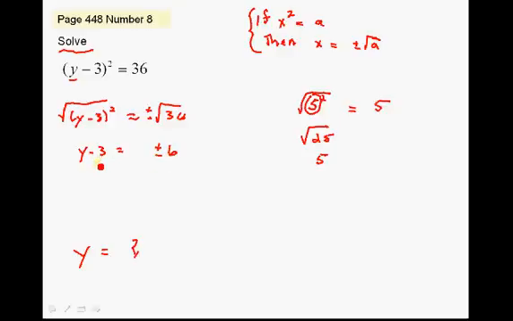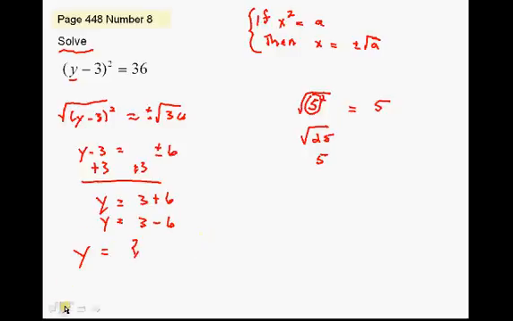Okay? Now we can just add 3 to both sides to isolate the y and get it by itself. So we're going to have y equals 3 plus 6, and y is also equal to 3 minus 6.